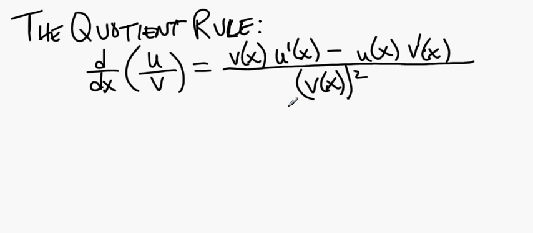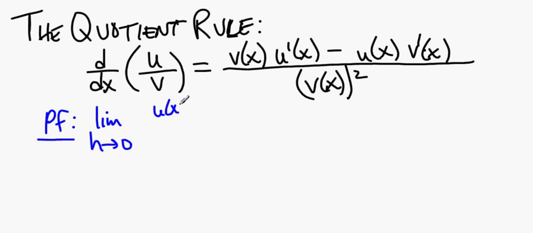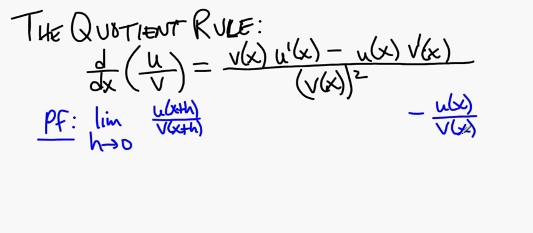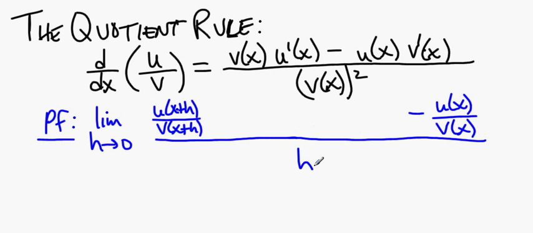So I want to prove it to you because you should feel comfortable that this thing is actually true. I'm going to take the limit as h approaches 0 of u of x plus h over v of x plus h minus u of x over v of x, all over h.